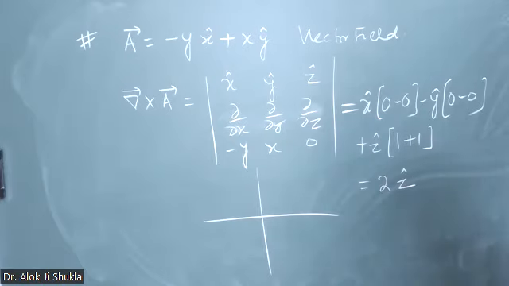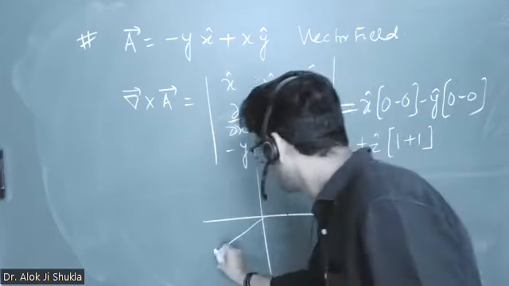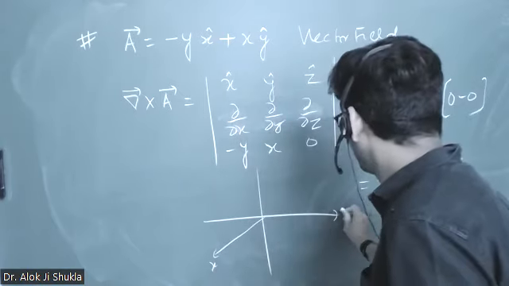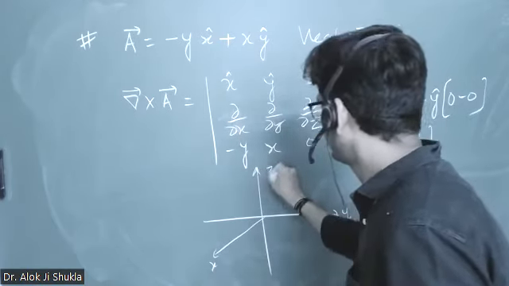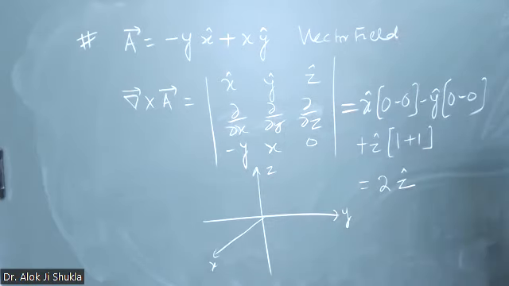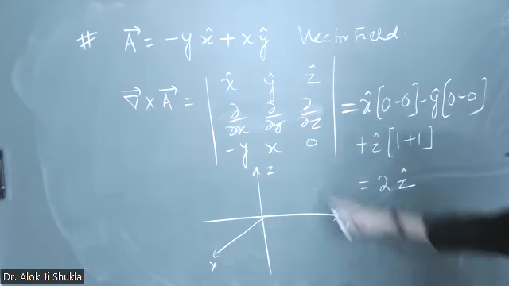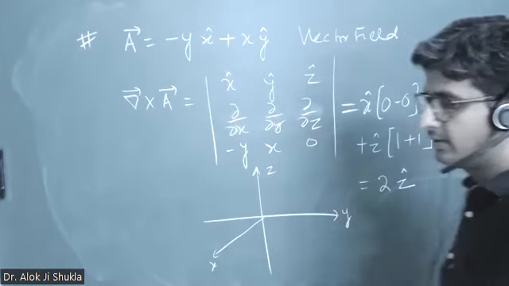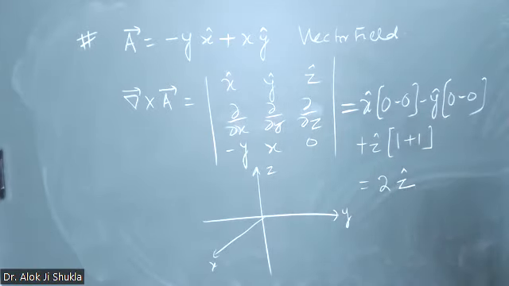So how you will take? You will take this x. It will be a little difficult to see, but no problem, try. X, y, z. Take different sets of values and we can draw the vectors.